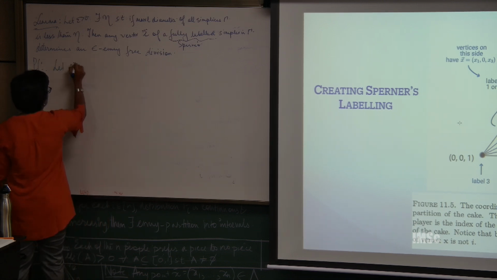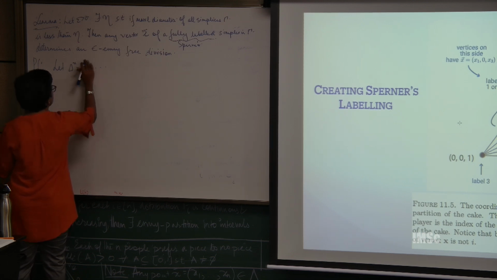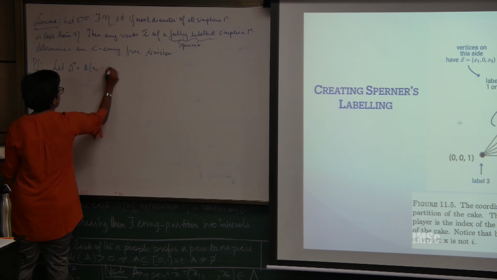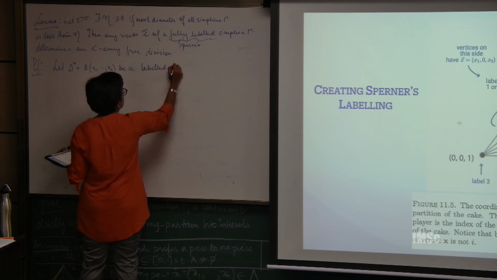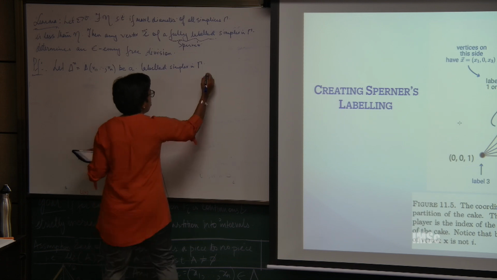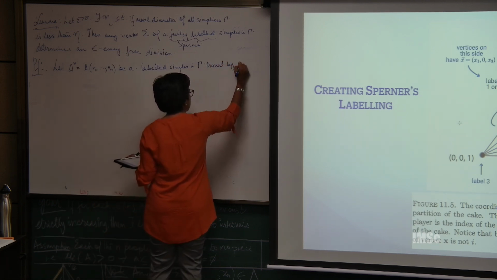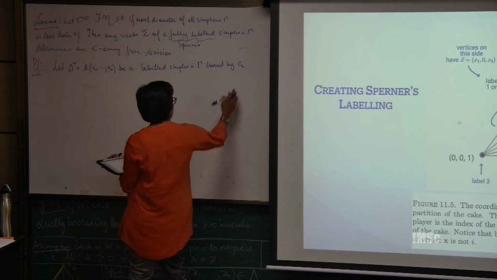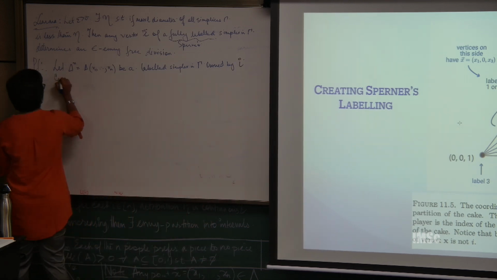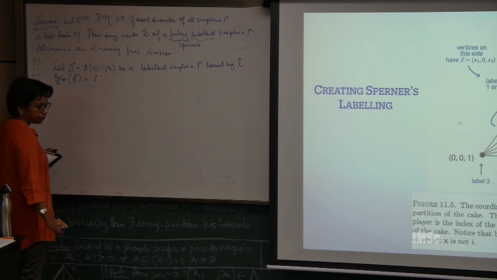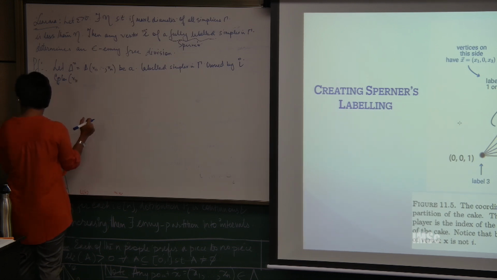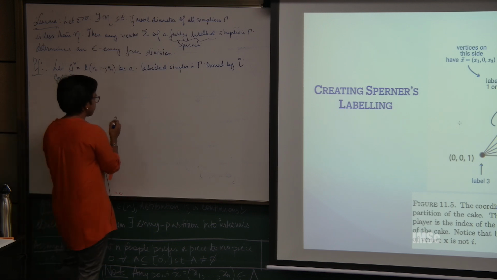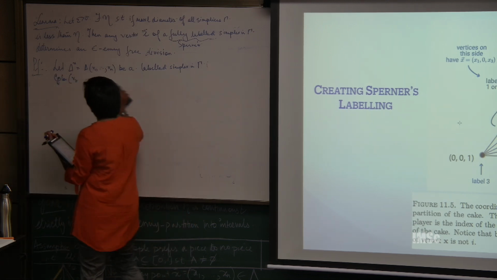Let delta star be a simplex owned by player I. Therefore, the color of delta star is I. Sorry, I am mixing.